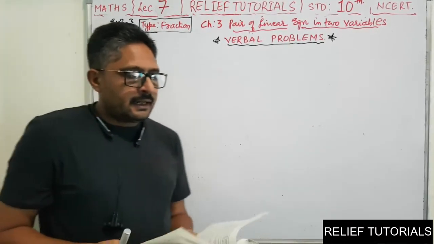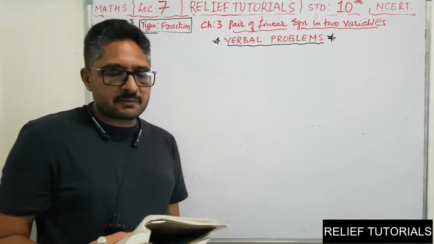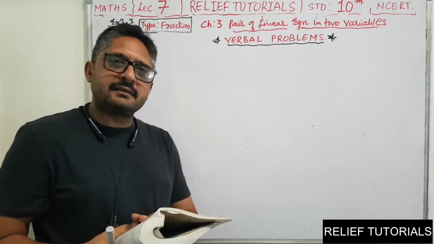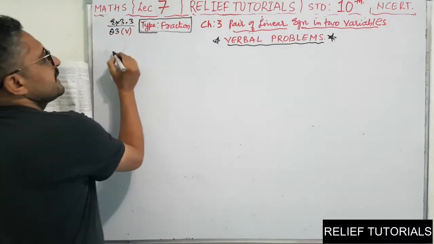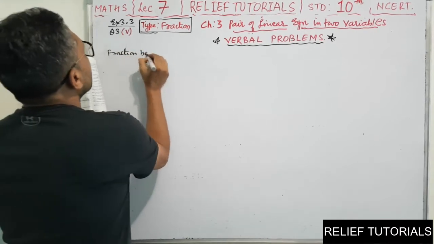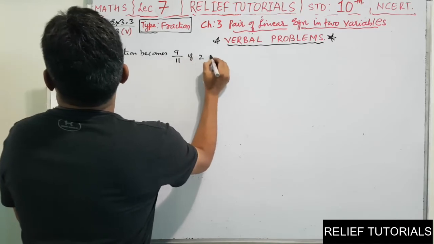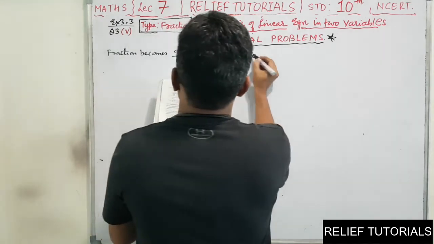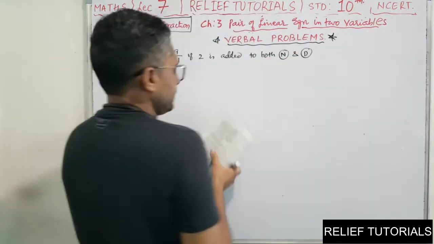A fraction becomes 9 upon 11 if 2 is added to both numerator and denominator. So fraction becomes 9 upon 11. What is the question? See, here it is given: fraction becomes 9 upon 11 if 2 is added to both, n means numerator and denominator.